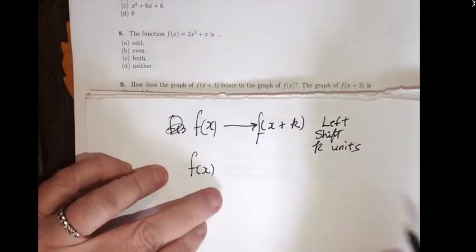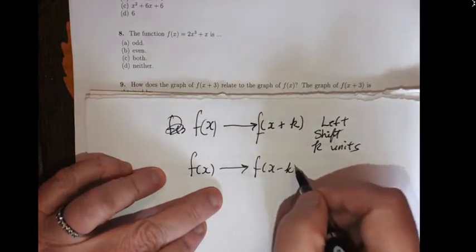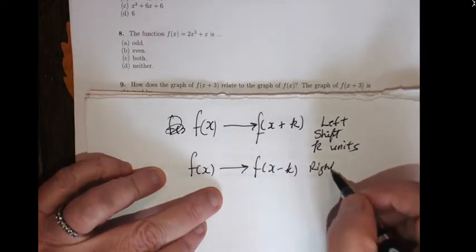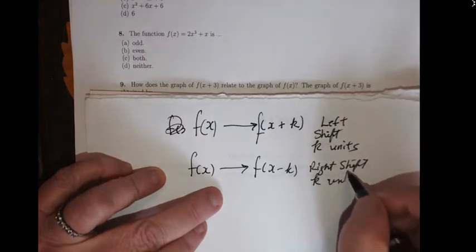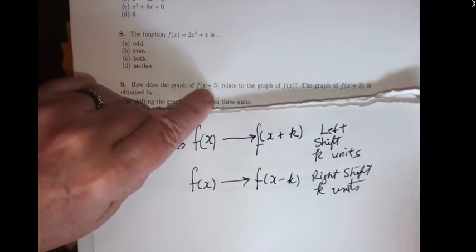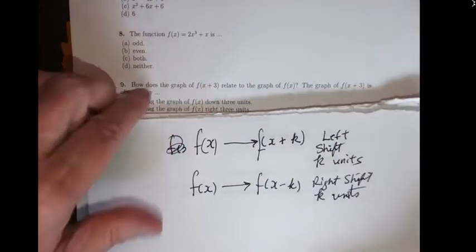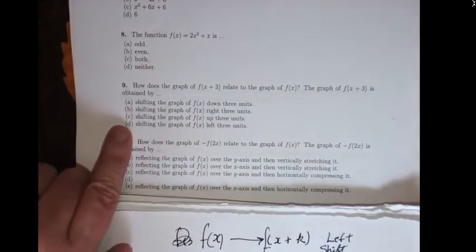And if the x inside the parentheses is replaced with x minus k, then that's a right shift of k units. Okay, so what we're going to have is a shift left 3 units. And so I'm looking for left 3 units.